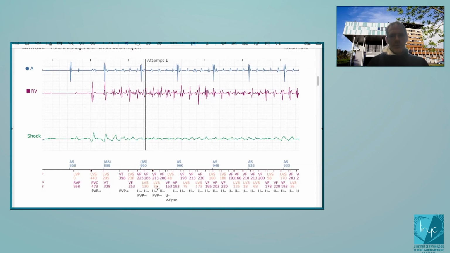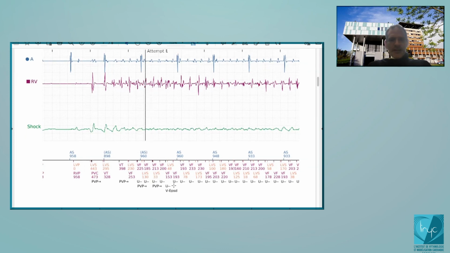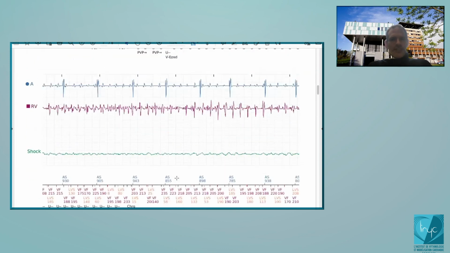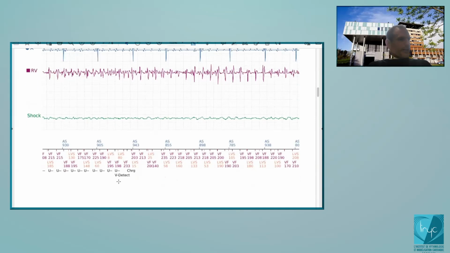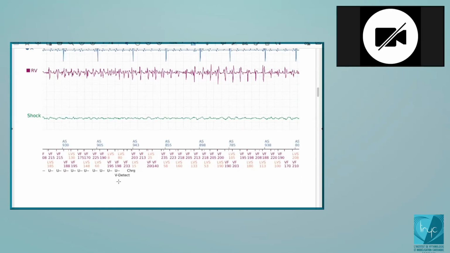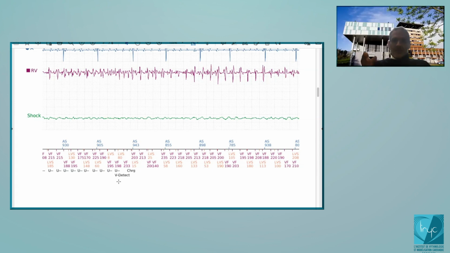Once more, it's not programmable. You cannot reprogram or modify this first counter. So 8 out of 10, so 8 cycles, let's consider something like 2 seconds. From V episode to V-detect, how long? It's 5 seconds. That's the one that you can modify.